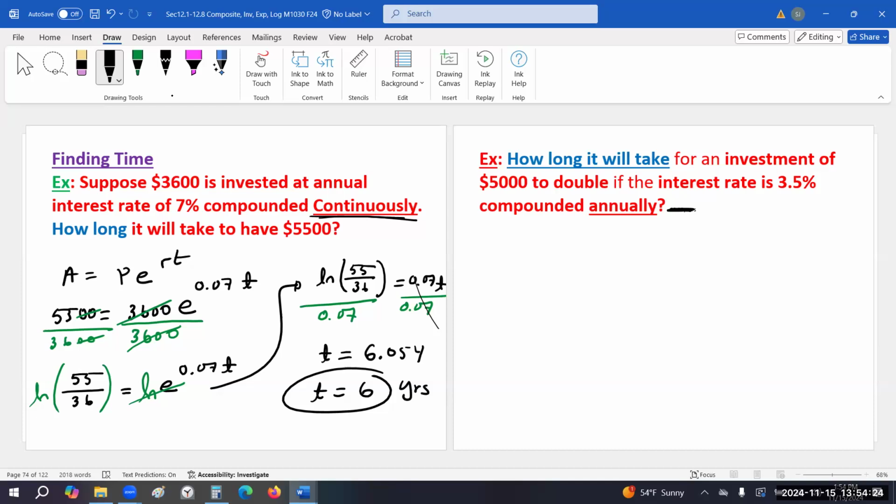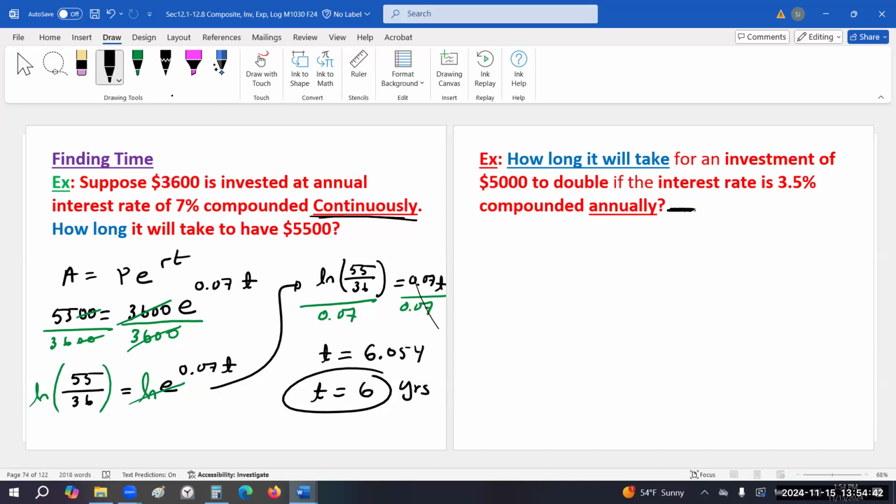So my question, are we going to use the same formula as the last one? No, we cannot. That formula is only for the continuous case. Now we are doing a compounding a certain number of times case.